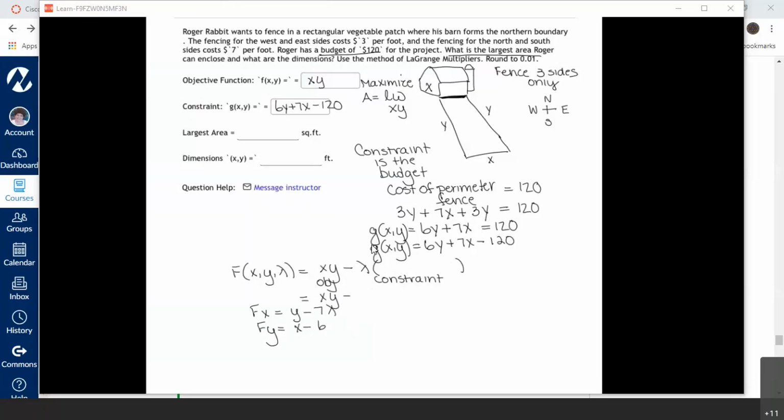Transposition errors happen. But I noticed I had a problem down here, so I went back and I looked. So 6y plus 7x minus 120. I had transposed my x's and y's.